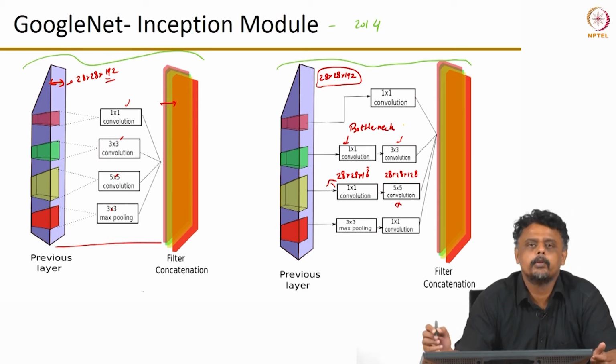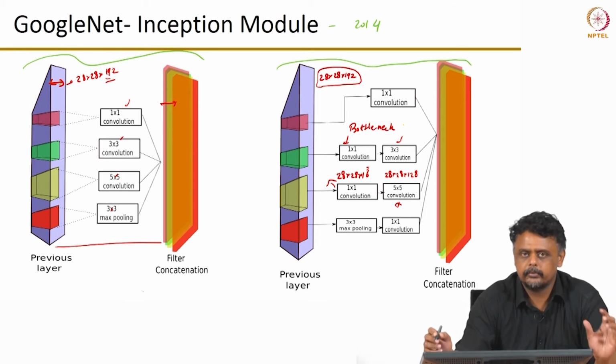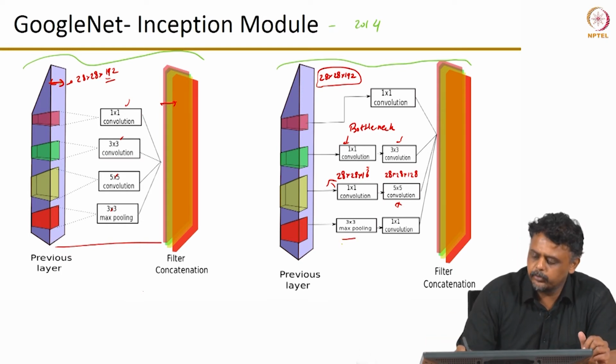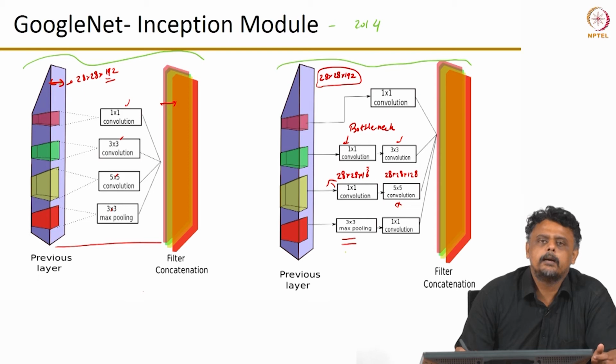You shrink the size of the feature map, and that way it works. Similarly, for the max pooling, which in most cases preserves the depth of the feature maps, you can again use 1 cross 1 convolutions to reduce the size.